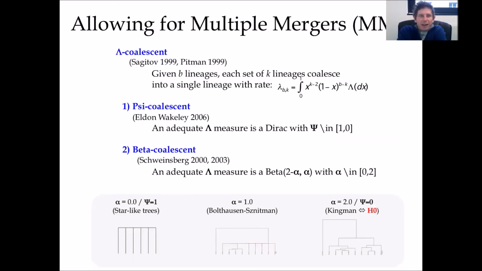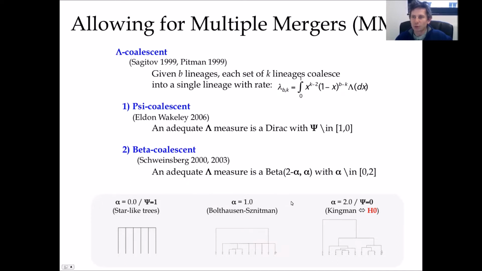So we've been playing for all these years with what we call the multiple merger coalescent. The multiple merger coalescent is the class of kinship trees where you can have polytomies. Polytomies are that kind of node here, where a node has multiple descendants.